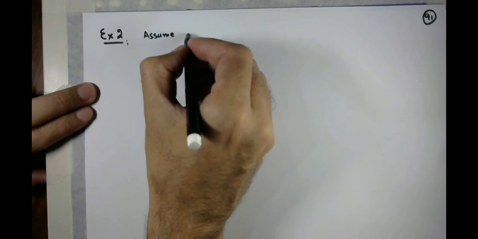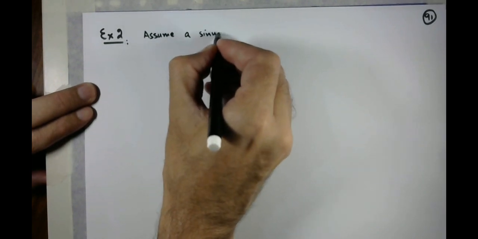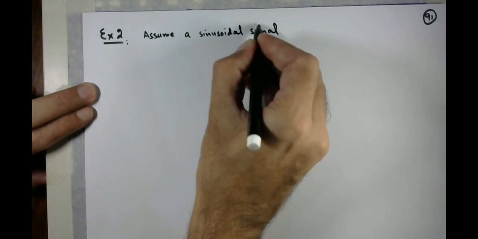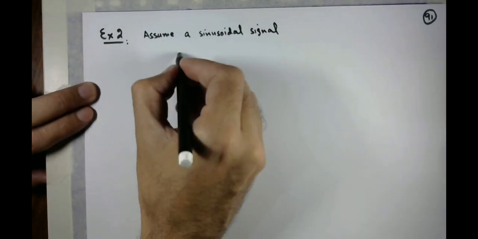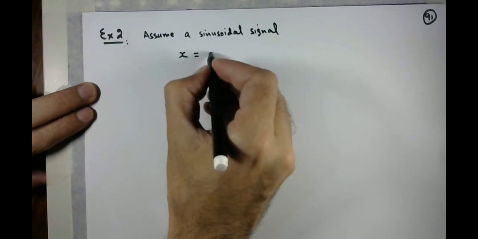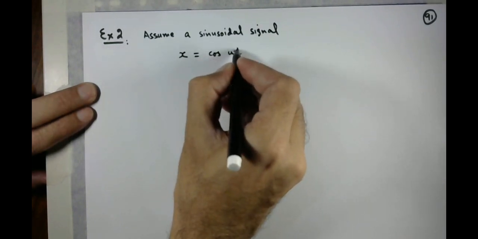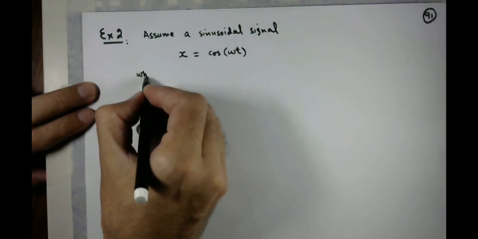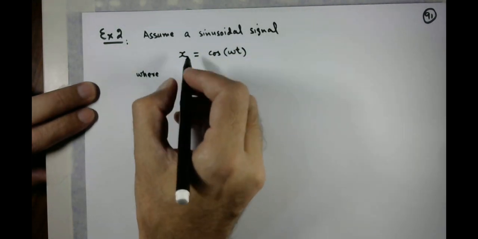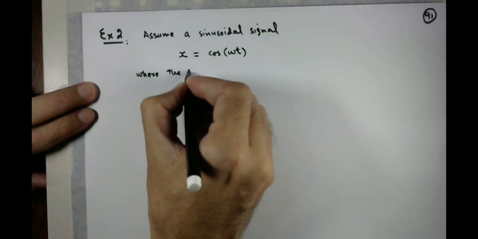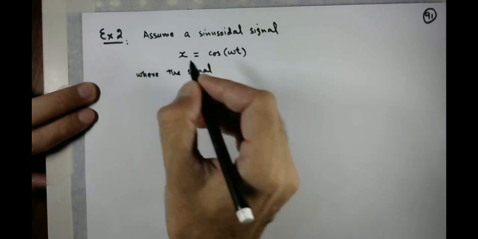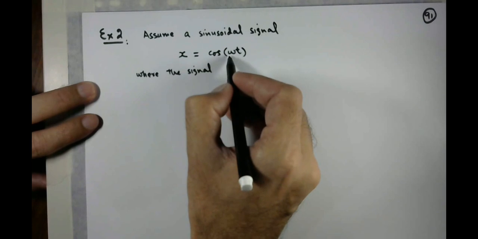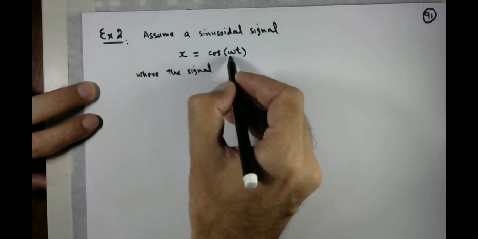Assume a sinusoidal signal x, which is cos omega t, where the signal is x, which is varying in this cosinusoidal form with respect to time, and this is the frequency.